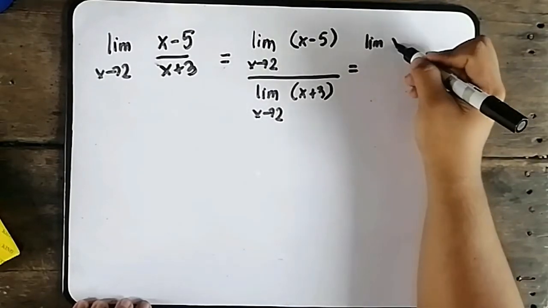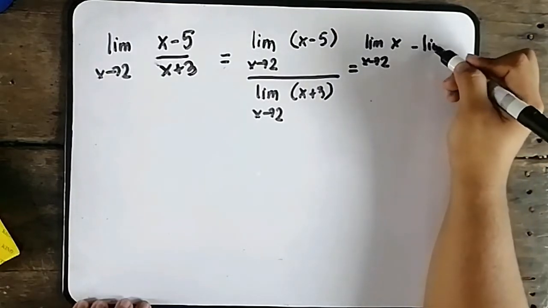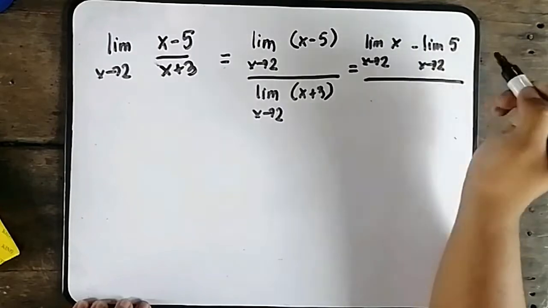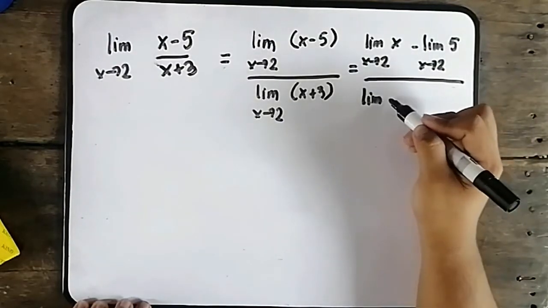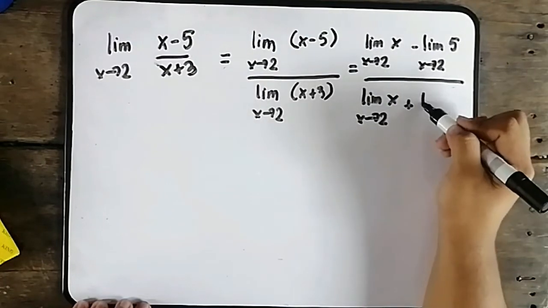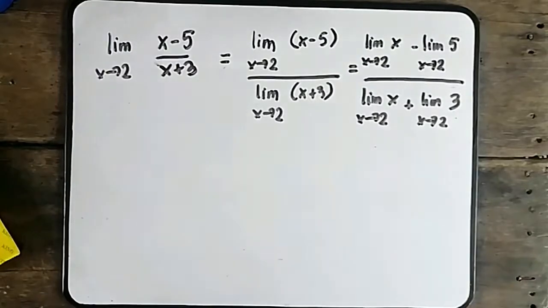So we have the limit of x as x approaches 2 minus the limit of 5 as x approaches 2 all over the limit of x as x approaches 2 plus the limit of 3 as x approaches 2.